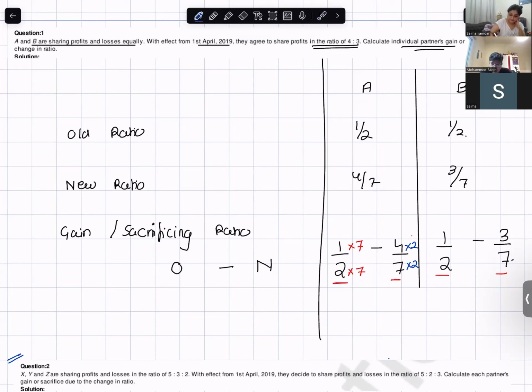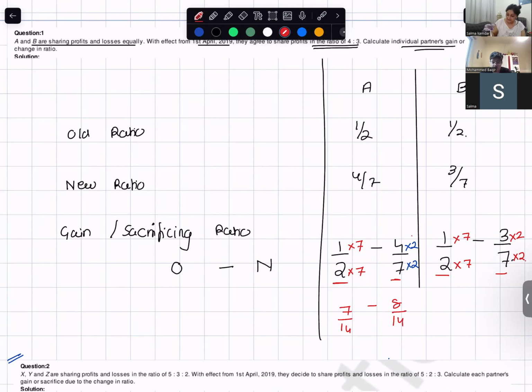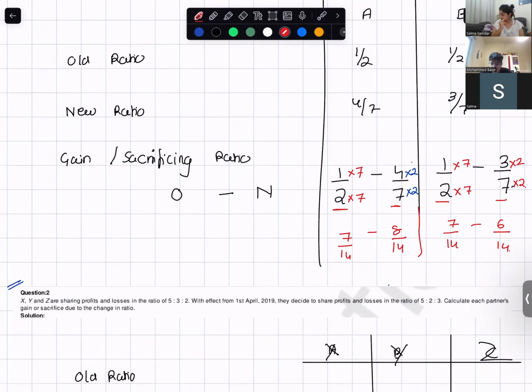Similarly, here what will I do? Come on. You will multiply 1/2 with 7, and the other side will also multiply by 2. So this will become 7 by 14 minus 8 by 14. And again, this will become 7 by 14 and 6 by 14.